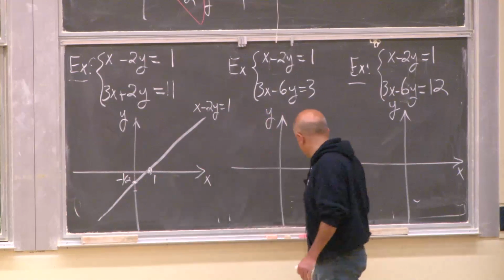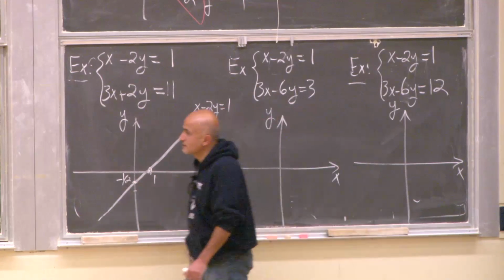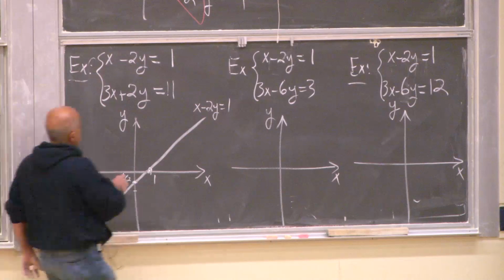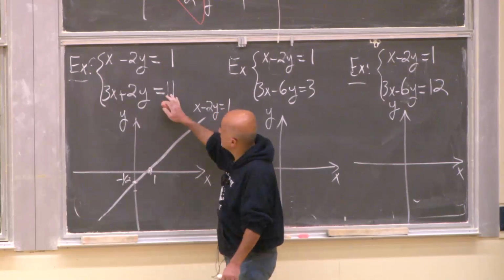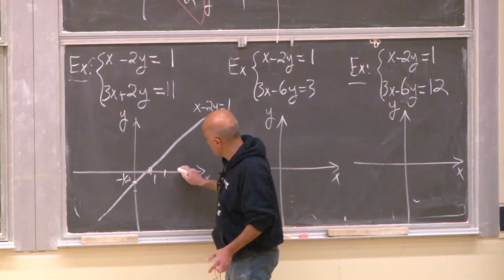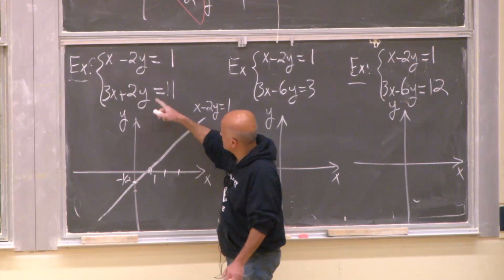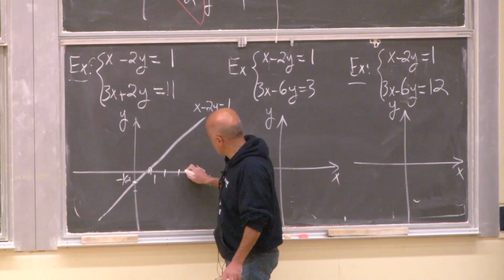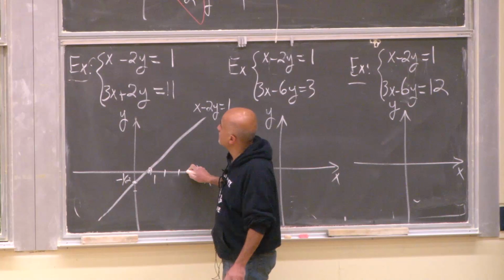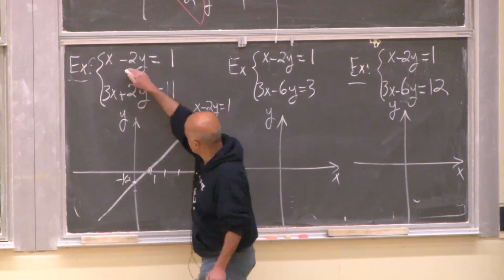Okay, and the other one? The second line, the x-intercept is 11 over 3, okay, 11 over 3 is what, 3 1/3? So like that, okay? And then the y-intercept is 11 over 2, so it's 5 1/2, it's way up there.